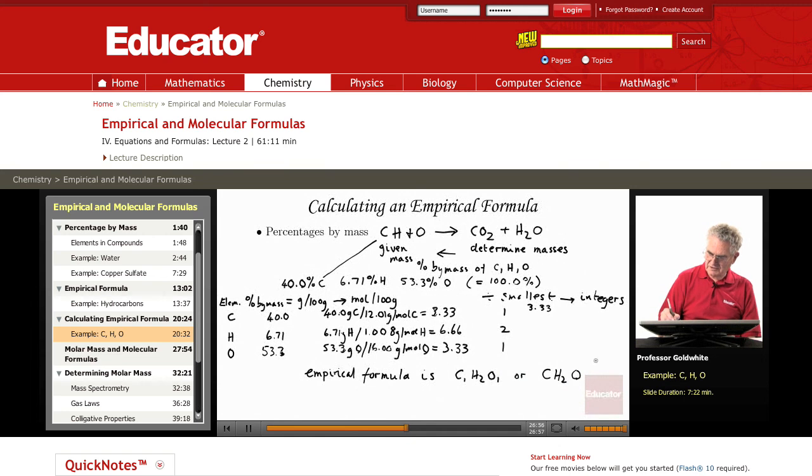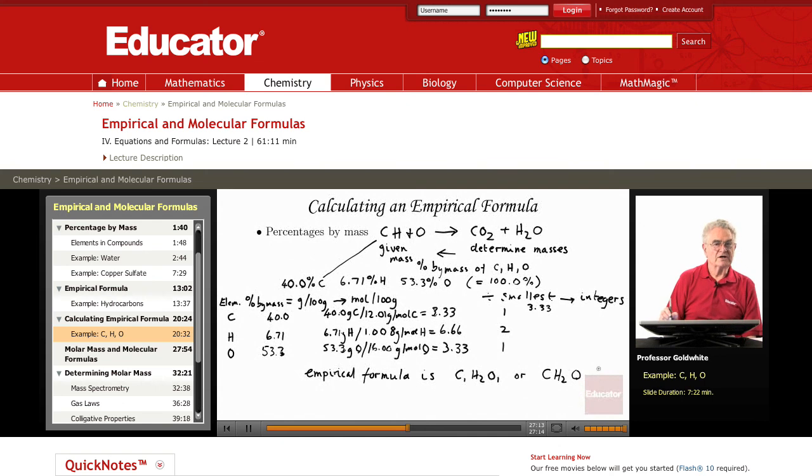It is indeed one of the class of compounds we mentioned on the earlier slide, but we don't know whether it's formaldehyde, CH2O, or glucose, C6H12O6. It could be either one of those.